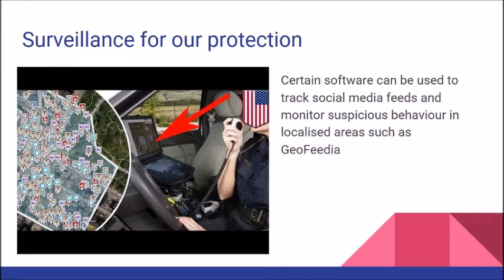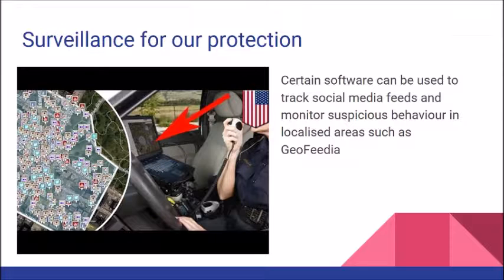So far we have talked about how surveillance is basically a negative feature that has been implemented in our society. However, we have not talked about how surveillance can be a positive influence in our society, especially for our own protection. Certain software nowadays has been created and can be used to track social media feeds and monitor suspicious behavior in local areas.